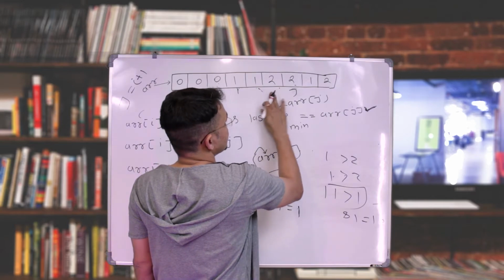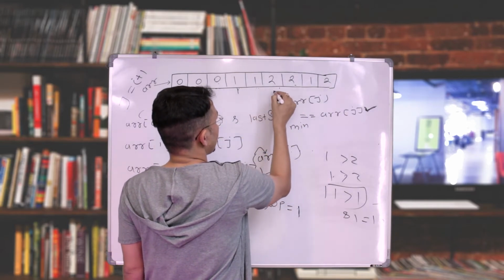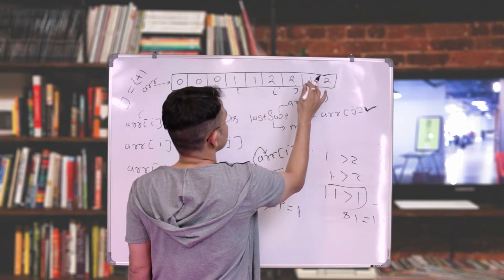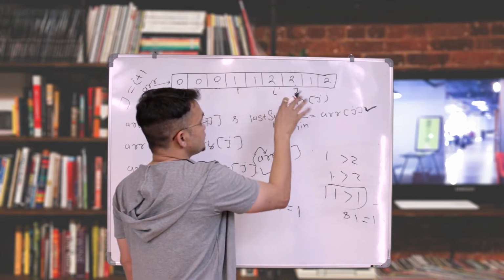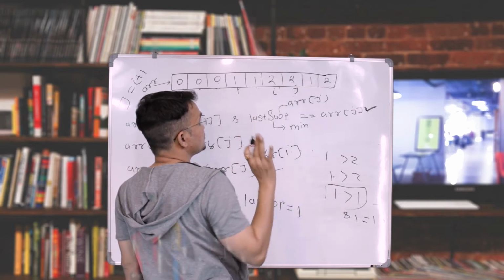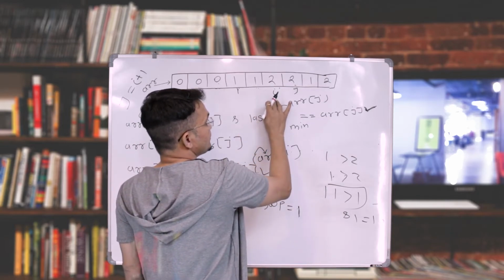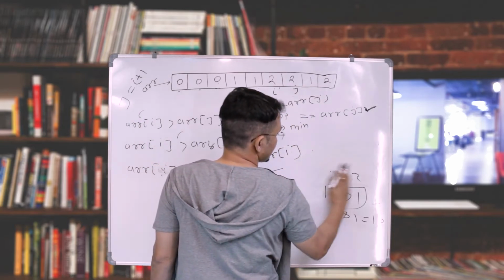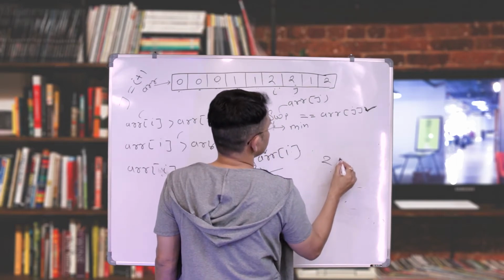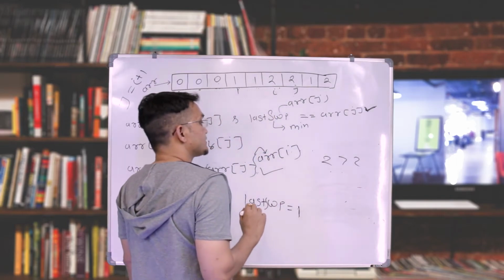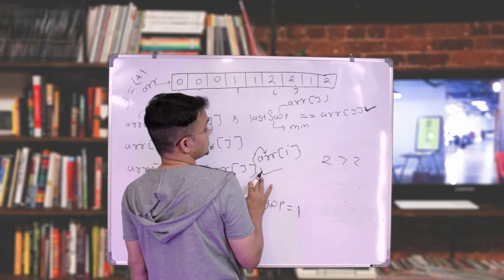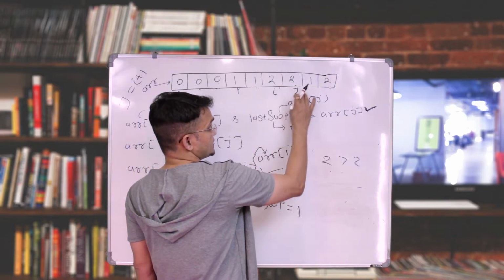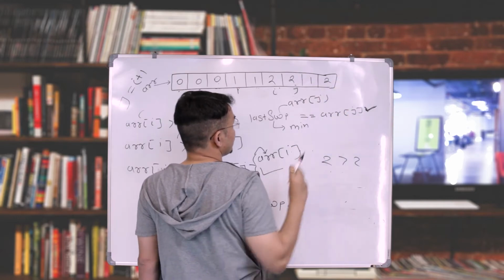Now j won't move further, so I will come over here. Correct, it won't move, it will swap and it won't move further. Now I will be over here, j will be over here. So what is happening over here? 2 greater than 2, no, it is not true. Okay, this condition is getting satisfied, but j needs to keep on moving for the next.